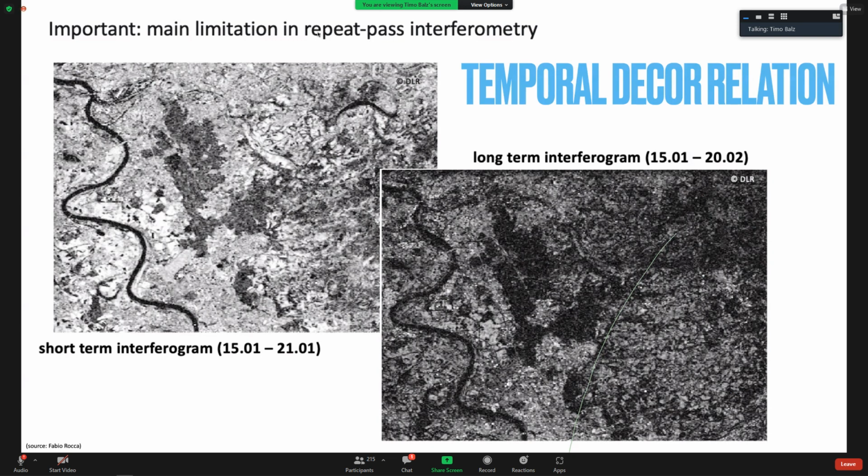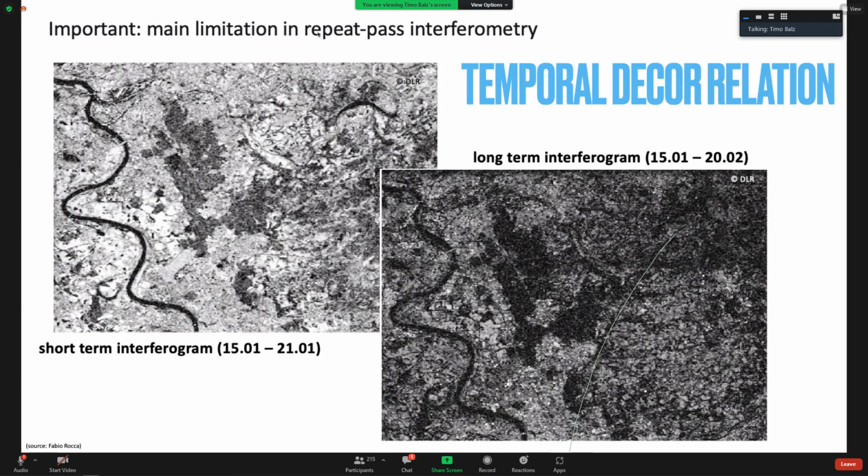Temporal decorrelation means that things on the ground have changed between these two acquisitions, and so the signal is decorrelated. We're losing coherence. We're not looking at the same targets in that sense anymore. So if we have complete decorrelation, our phase measurement becomes meaningless or even random.